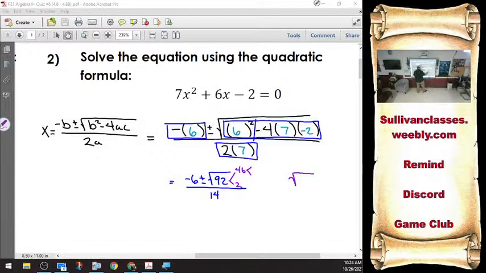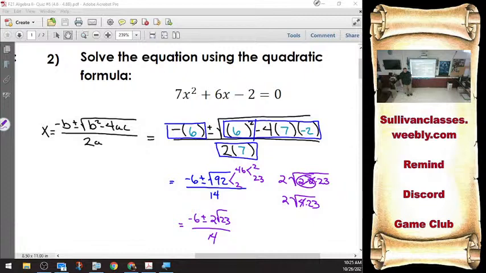I know that's divisible by 2. And uh-oh, 23 is prime. So you take out the 2s. I can go old school like this if I've got no clue what's going on and say there's a pair of 2s, one comes out. Or if you recognized 4 times 23, the square root of 4 is 2. So now we're at negative 6 plus or minus 2 root 23 over 14.